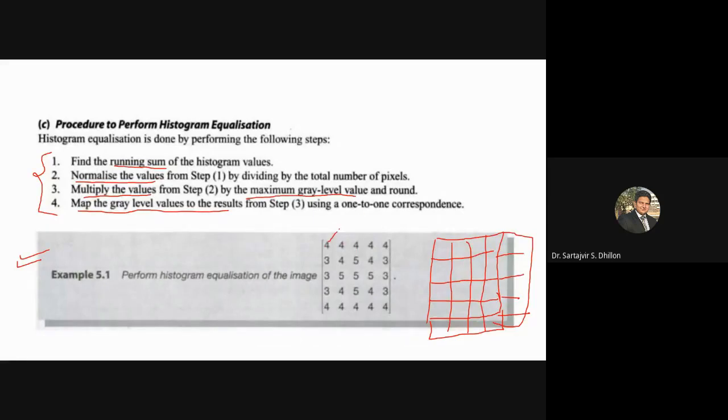These are the values, each representing the gray level at a particular location. So hopefully you are able to understand this point.